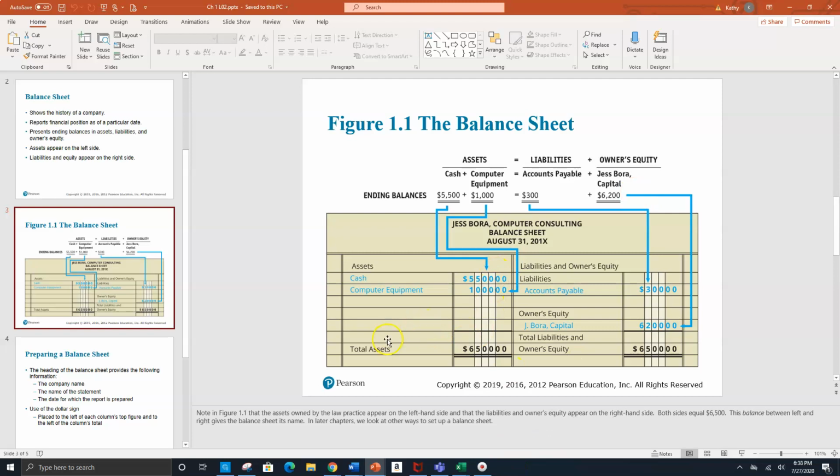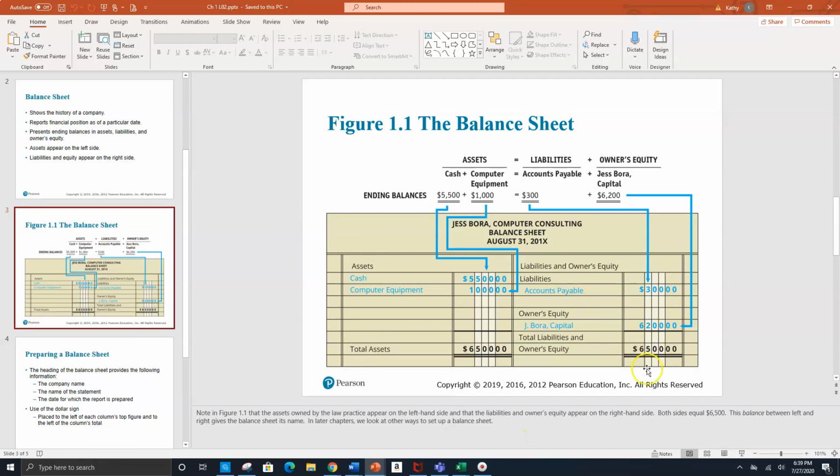Some things to note: this is a formal financial statement. So again, the title is very important and should always look similar to this. You always have these titles classifying the items on your balance sheet. The dollar sign should be at the top of every column, and a dollar sign on your totals, and a double underscore to mark the end of your financial statement.